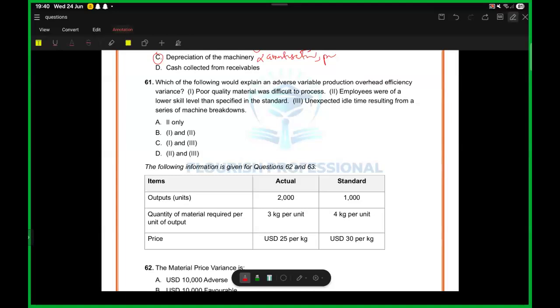We know variances from standard costing, basic variance, and computation. We are told which one will explain the adverse, negative variable production overheads. So we are talking about indirect expenses. One, poor quality material, material was difficult to process.